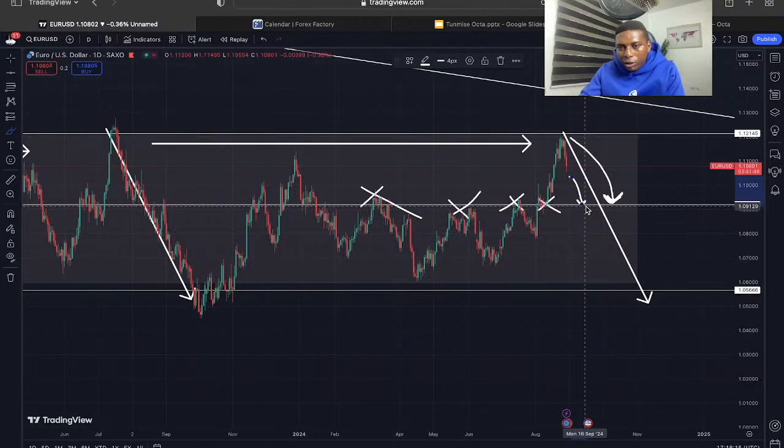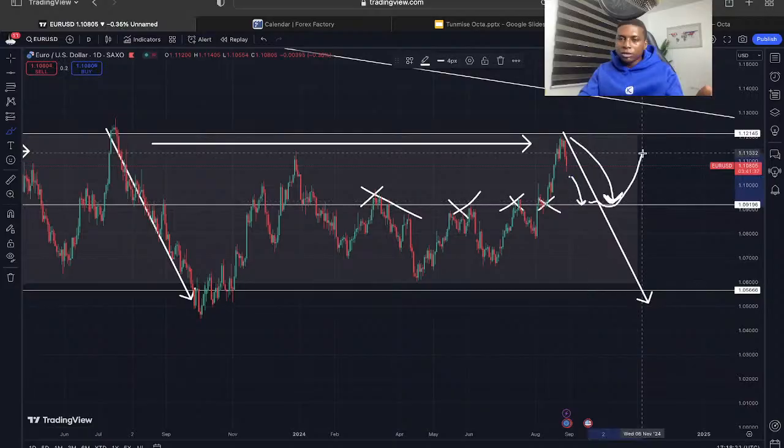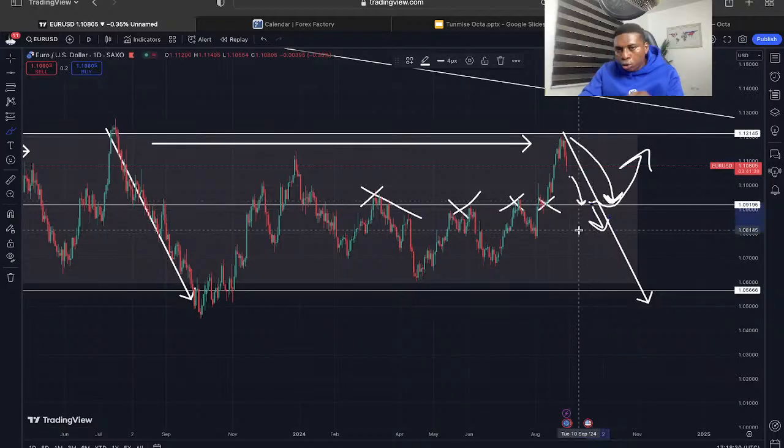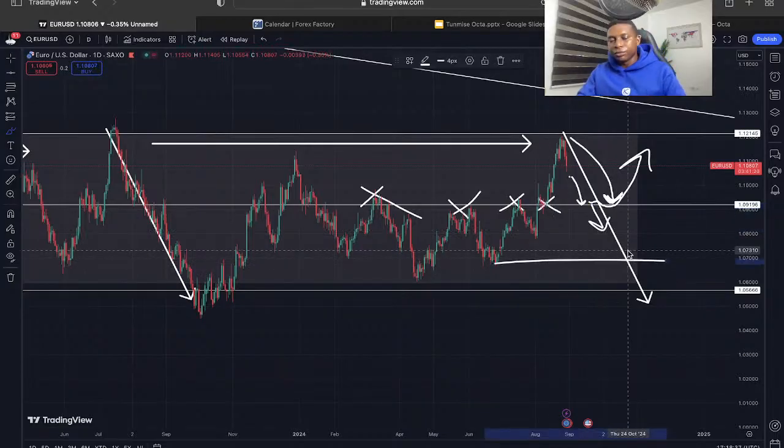After which, price can then decide based on any macroeconomic factors, push back up or break down further. And if there's a breakdown through this support zone, we might see price coming as low as this level.